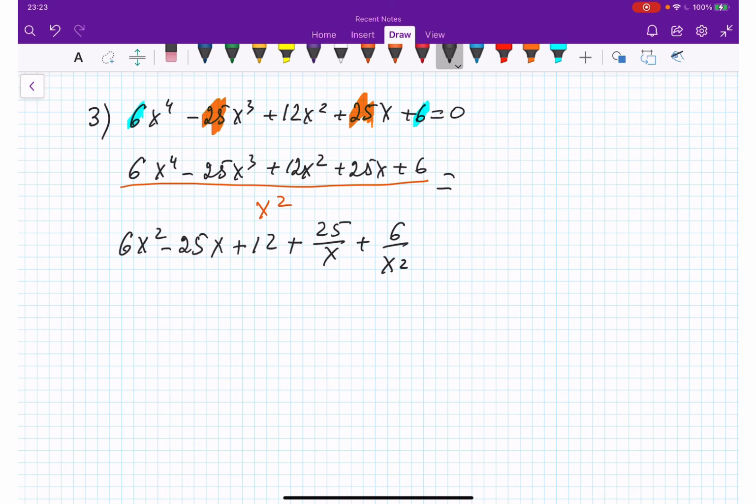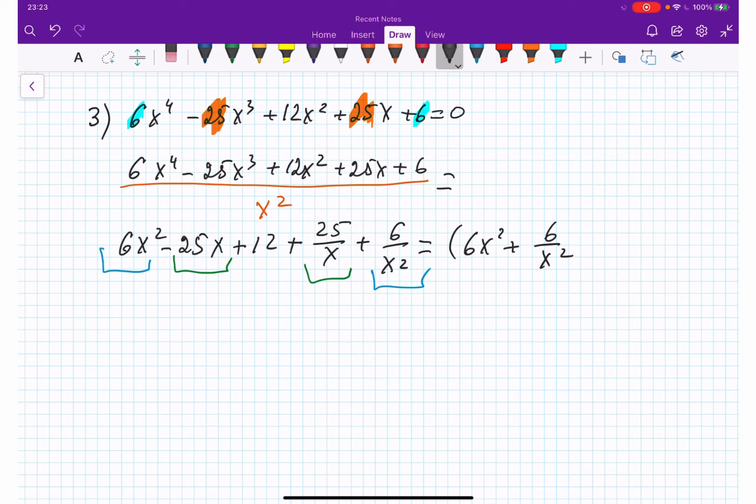All right, so remember what we do next. We are combining based on the degree of x, which is going to be 6x squared plus 6 over x squared, right? This one with this one, and this one with this one, right?